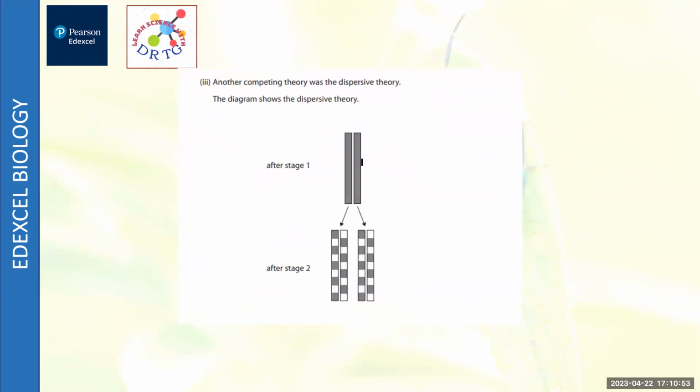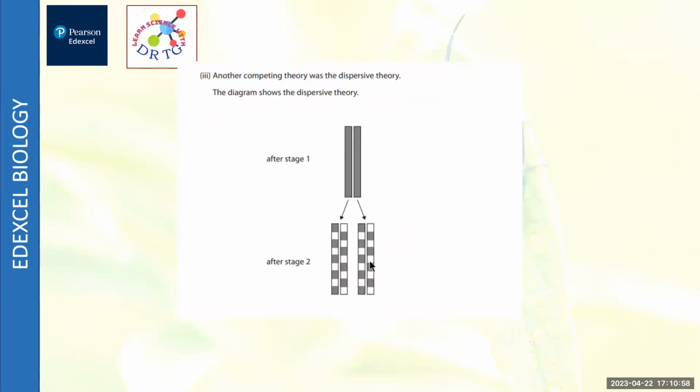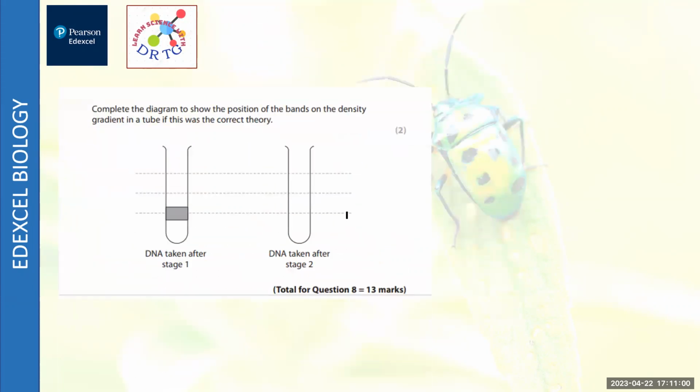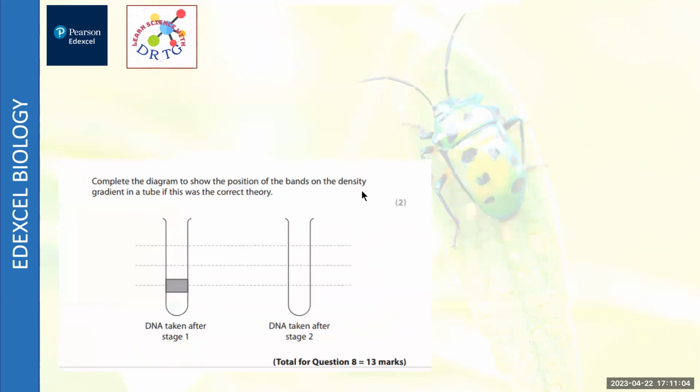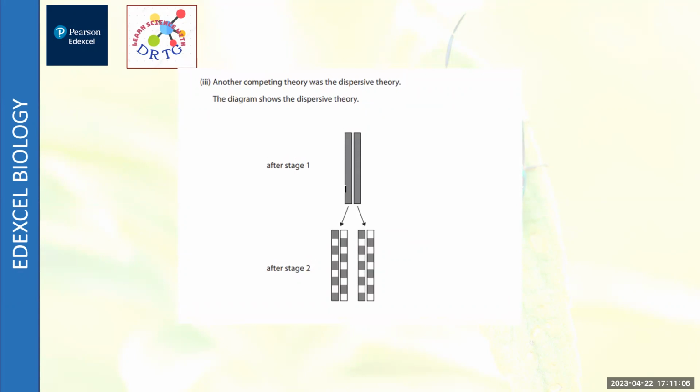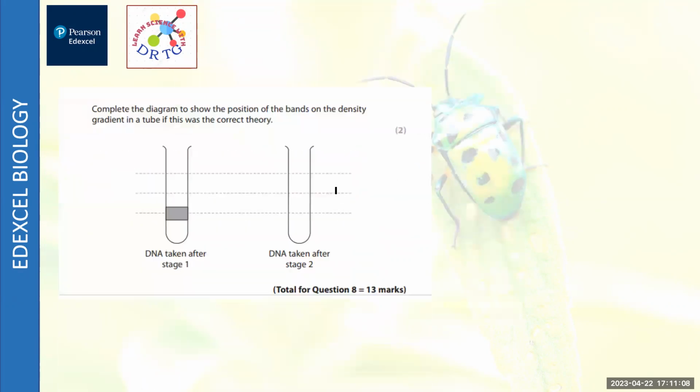And the dispersive method, everything after the second generation is the same. That means there is no old one, so everything is the same somewhere here. The band is like this. It's a mixture of both heavy and light all the time.